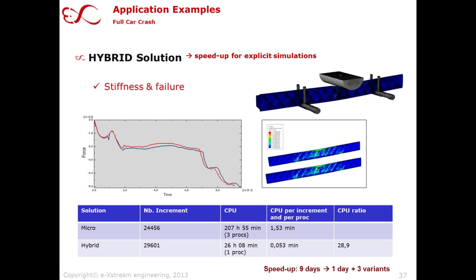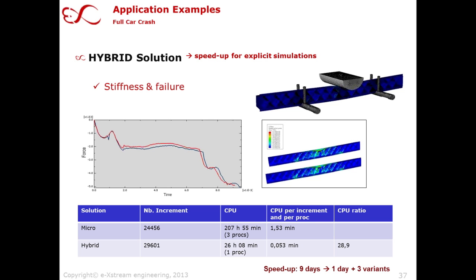This hybrid solution, of course, has been tested. So what we did is we compared a lot between the micro, so the most correct approach, and the approximate, the hybrid approach. And we found a really nice correlation between the global response of our examples, so what we see for this example on the left side of the slide, and the local response in terms of stress and strains and so on distributed of the part as we can see it on the right side of the slide.